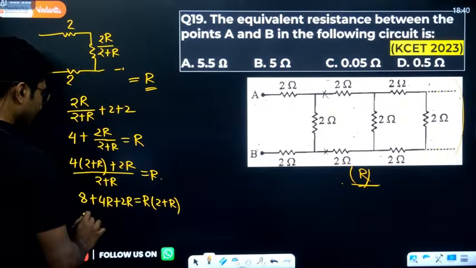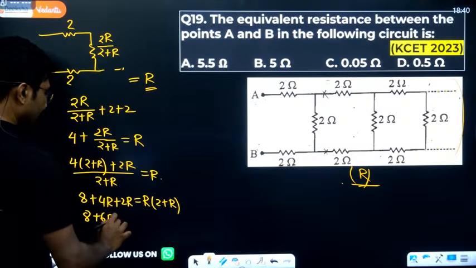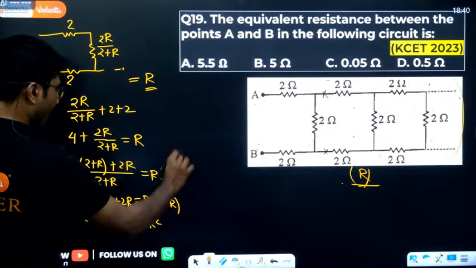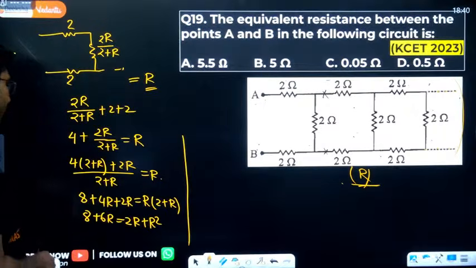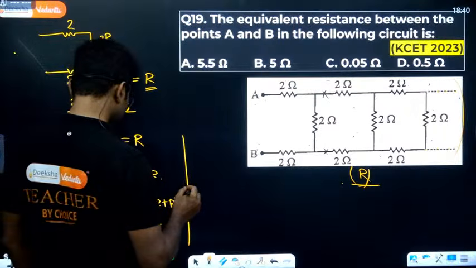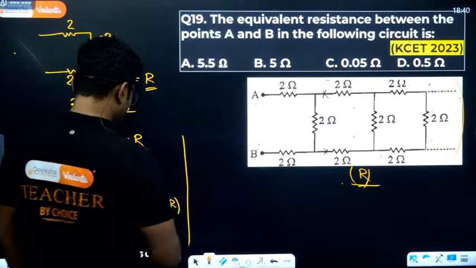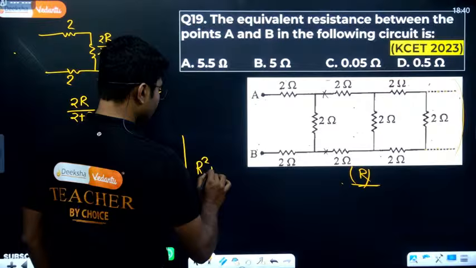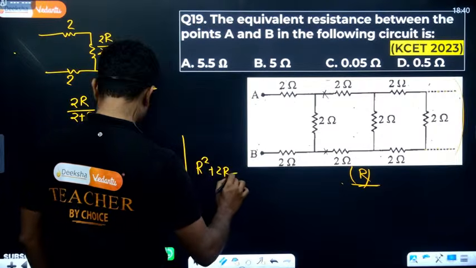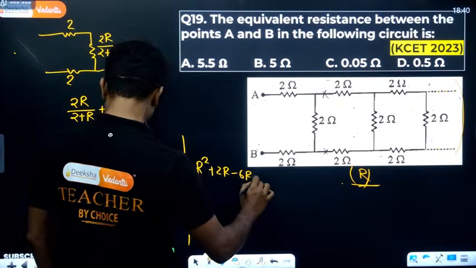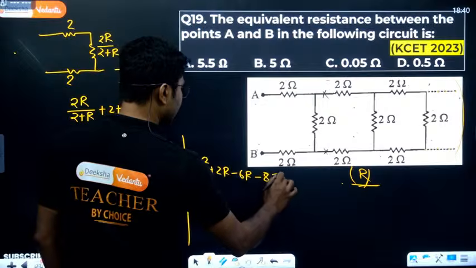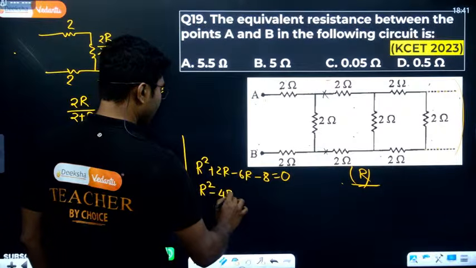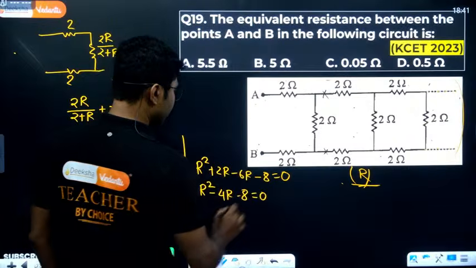So it will be 8 plus 6R equals 2R plus R square. Now take this on the other side, we get R square plus 2R minus 6R minus 8 equals 0. So we get R square minus 4R minus 8 equals 0.